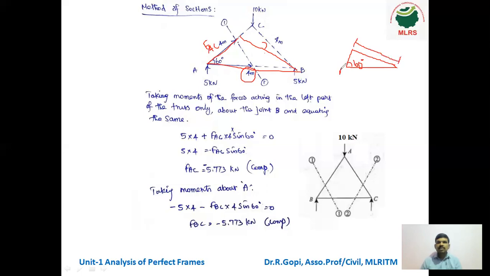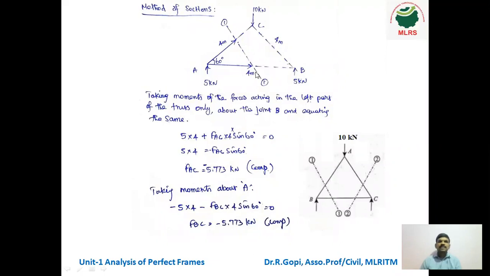This is point A and this is point C. So FAC into this perpendicular distance, this is 4 meter, so 4 meter into sine 60 is the perpendicular distance. From this we can easily calculate the FAC value. FAC is equal to minus 5.773 kilonewton, compression.